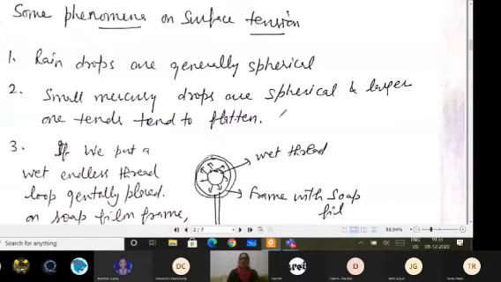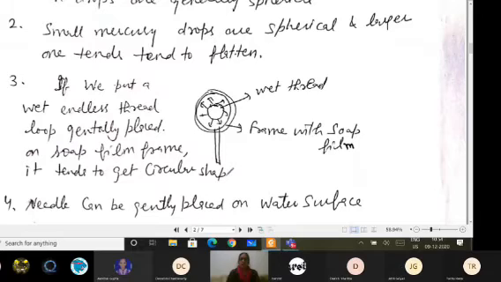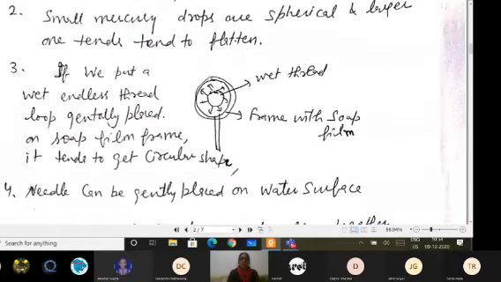Mercury is heavier than of course the liquid water. And you must have observed that if I have a circular frame of a soap film, I dip it into the soap solution and then I take it out. Then if you put a thread on it, it by itself takes the spherical shape. Or if you have not seen, you can simply do this activity at your place so as to understand the things.